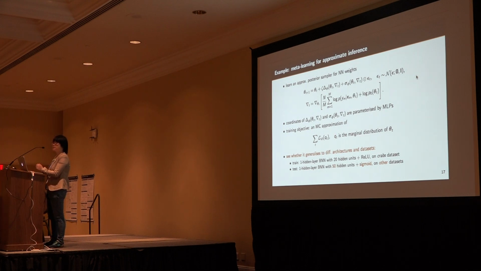Because we want to generalize these kinds of learned samplers to different dimensions. You see, we train on a smaller network, and then we generalize it to a bigger network. So in this case, I only parameterize the network in a coordinate-wise fashion, which means the neural network takes in a coordinate of the neural network parameters and then outputs that coordinate.